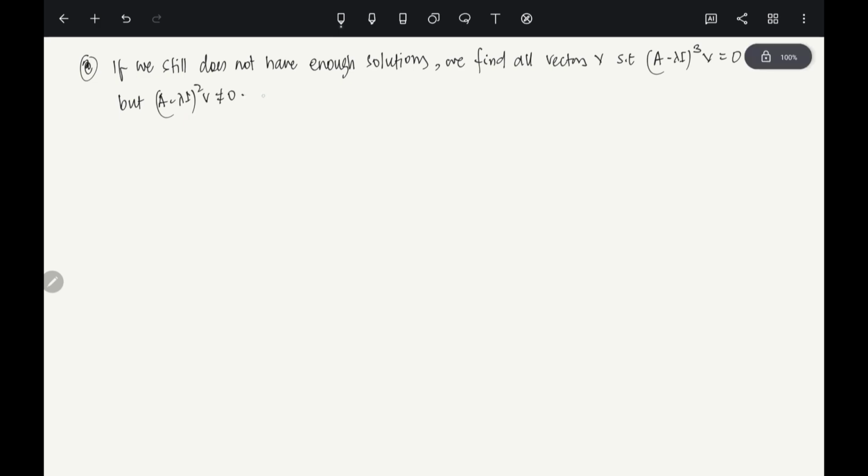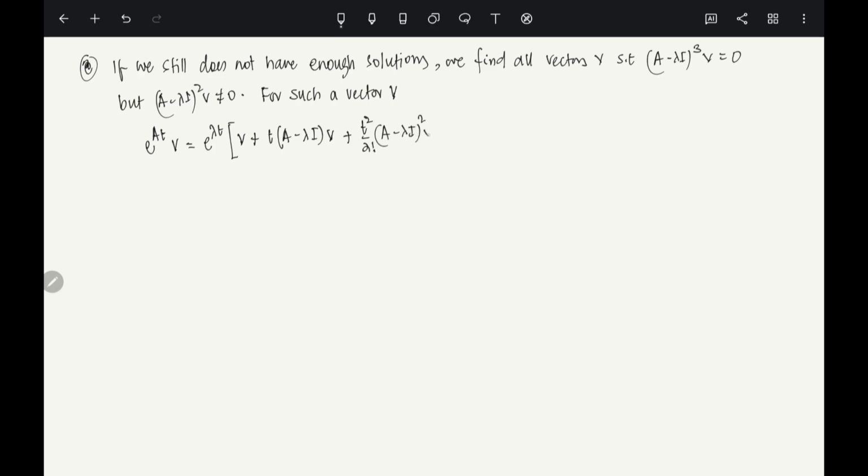So for such a vector v, what do you have? e to the power At times v is nothing but e to the power lambda t times v plus t times (A minus lambda I) v plus t squared by 2 factorial (A minus lambda I) squared v.